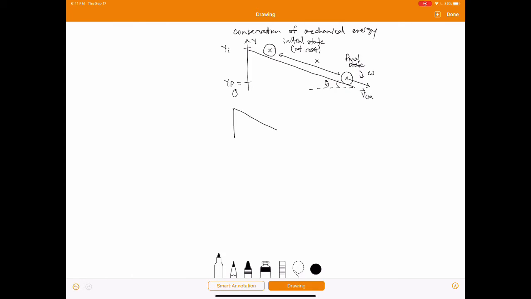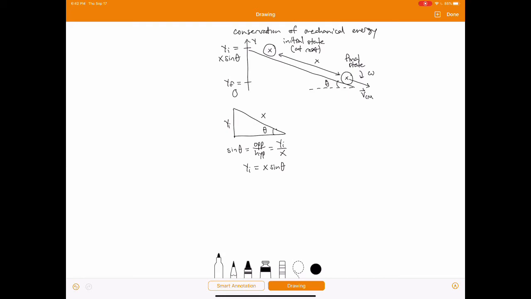Then if we do a little trigonometry, we'll see that we have a right triangle where x is the hypotenuse, this is the angle theta, and then y initial is that vertical side. So sine of theta is opposite over hypotenuse. The opposite side here is y initial. The hypotenuse is x, so y initial is x sine theta. So let's put that on the diagram. Y initial is x sine theta.